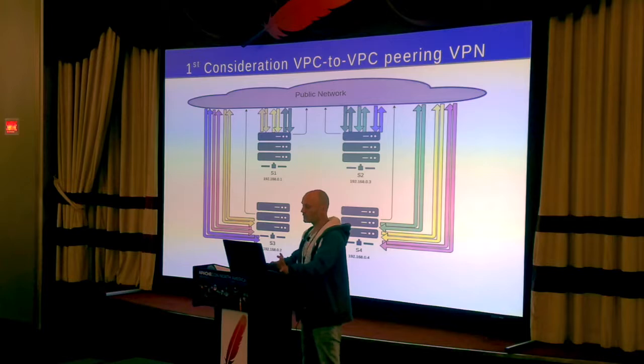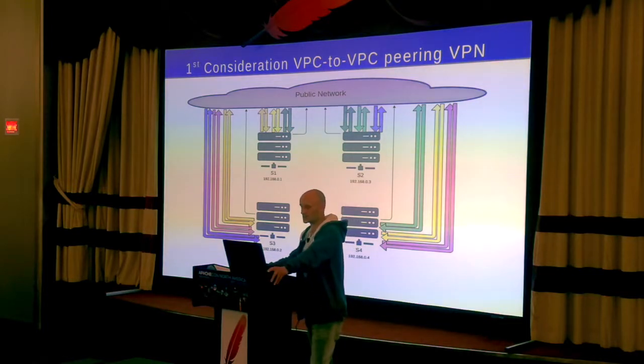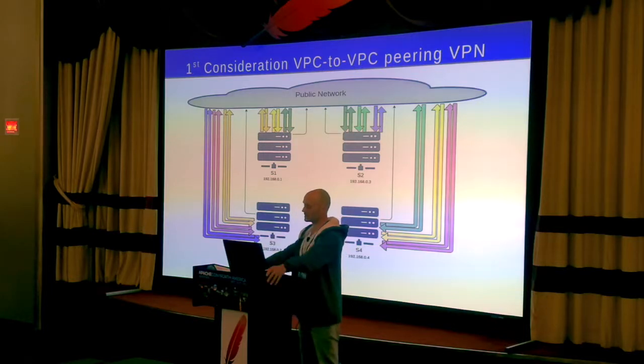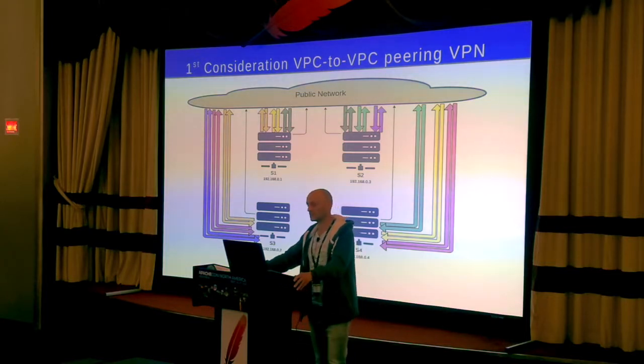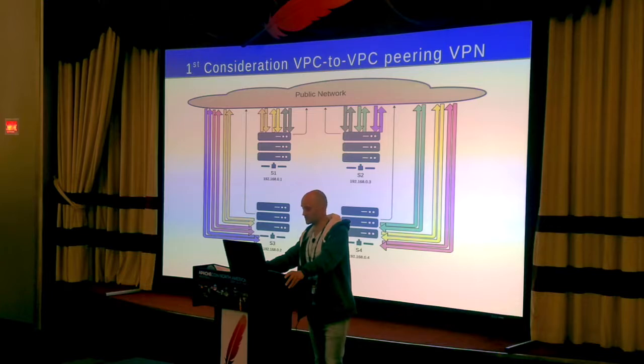So to peer 4 VPCs to each other, you need 6 VPN connections, but times 2 for the connections for each VPN connection. And so in the end, that's 12 VPN connections. So there's quite a lot of setup involved in this approach, and a lot of administration just to set this up.